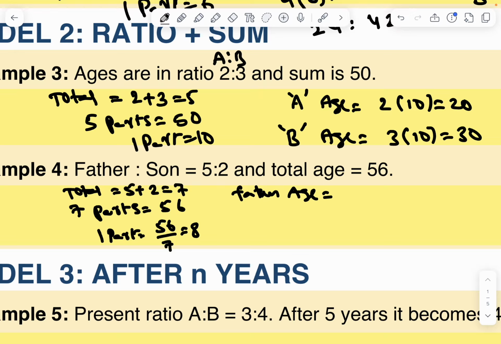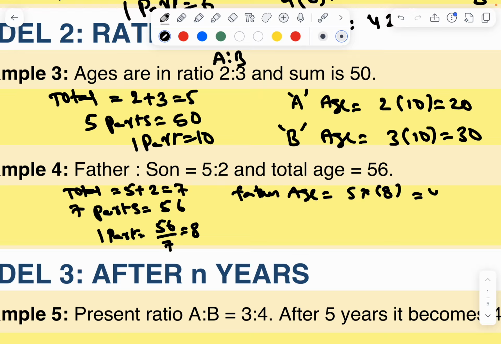This is the ratio of father and son. Therefore, father is 5 into 8, 40. Son is 2 into 8, 16. This is the answer.